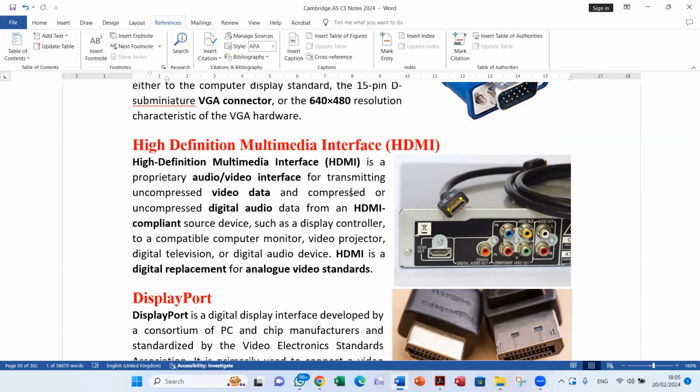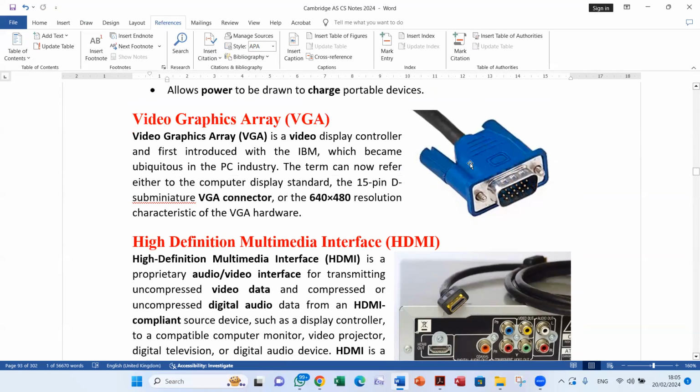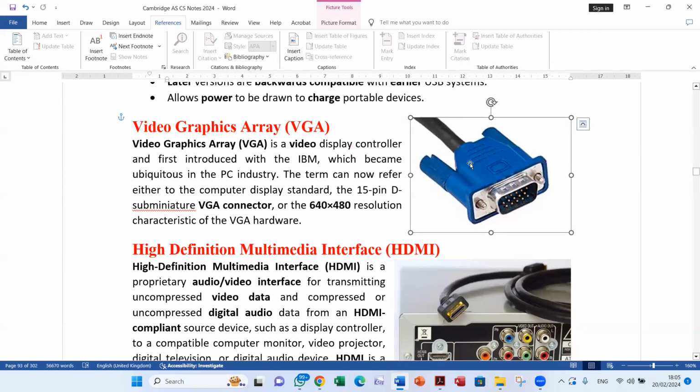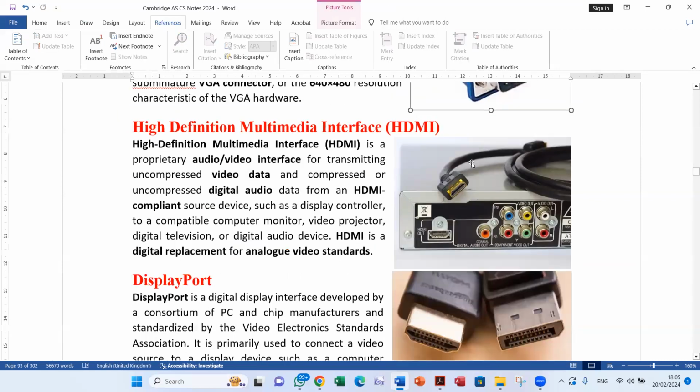It is an audio video interface for transmitting uncompressed video data and compressed or uncompressed digital audio from an HDMI compliant source, such as a display controller, to a monitor. HDMI is the digital replacement for the analog video standard. The VGA used to be analog.